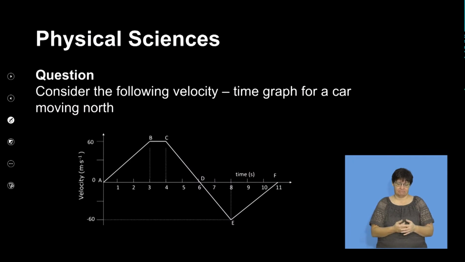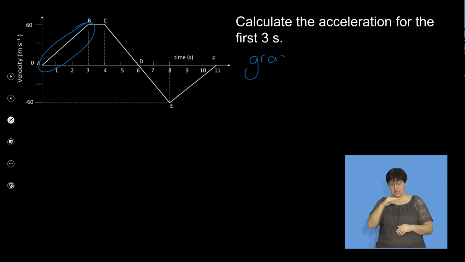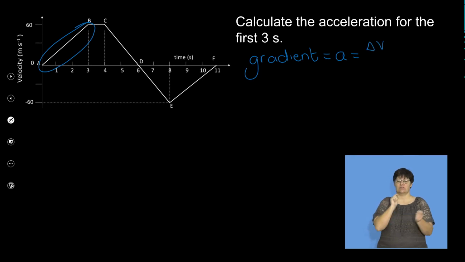So let's do another one. So now we've got a velocity time graph, okay, and it's going north. So here we go. We want the acceleration. Now, this is fun. Acceleration for the first 3 seconds. Acceleration from this graph is the gradient. So gradient is my acceleration. So that's change in velocity over change in time.